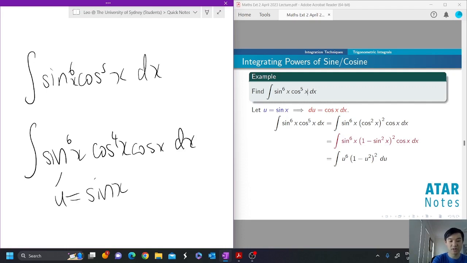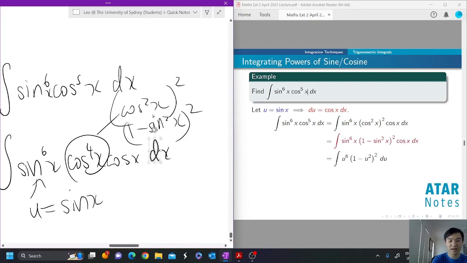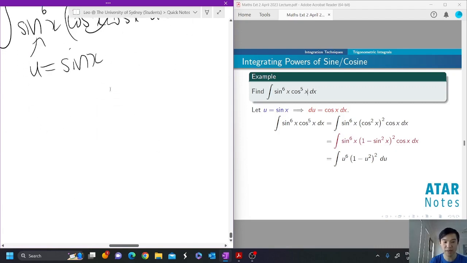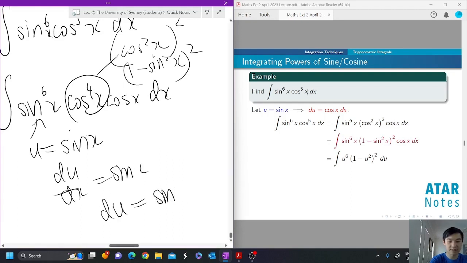In terms of u, cos to the power 4 x is the same thing as cos squared x, squared, so then you can use your trig identities for that. When you do du dx equals cos x, you get that du is equal to cos x dx. So this cos x dx becomes a du.